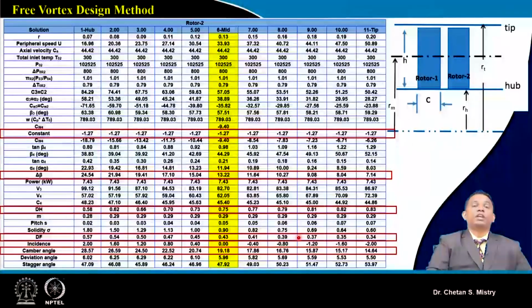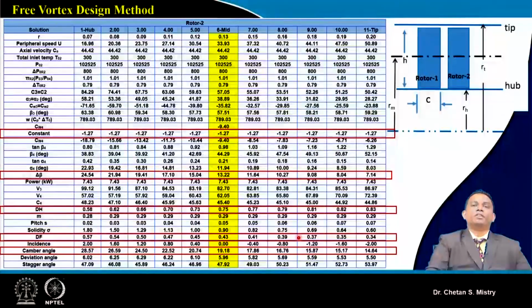Be careful, the degree of reaction term is applicable when we have a rotor and stator combination, when we are talking about a stage. Here we have both rotors, and that's the reason the degree of reaction terminology is not applicable for a contra-rotating fan.